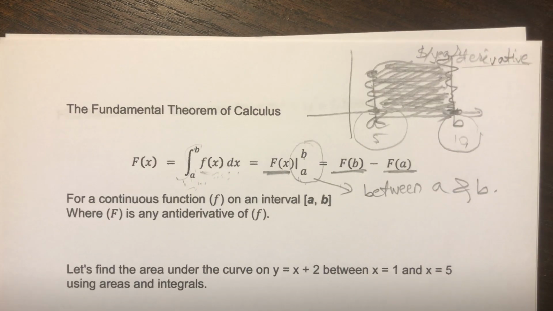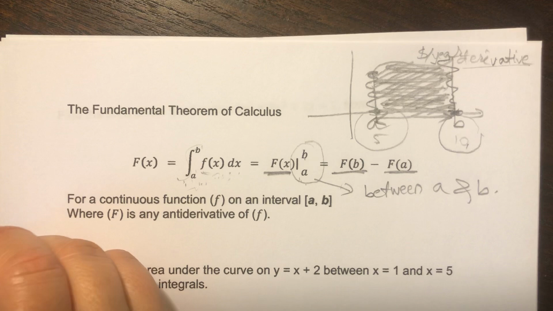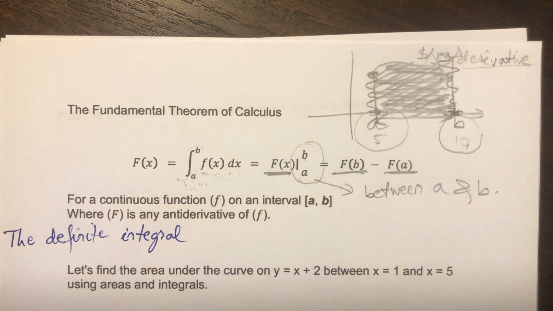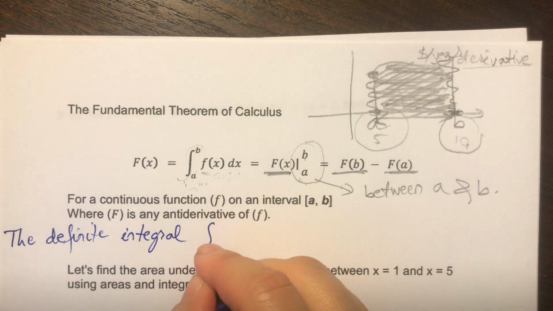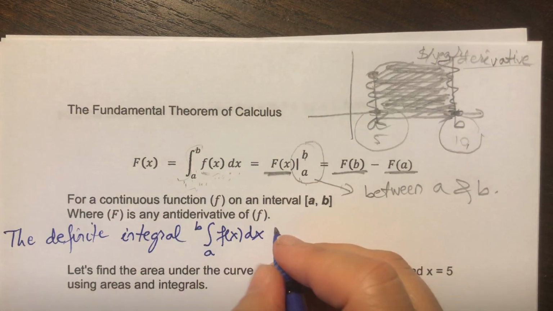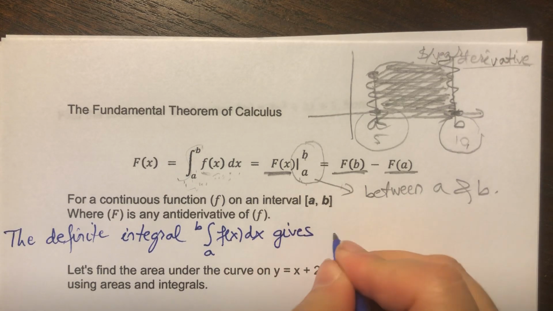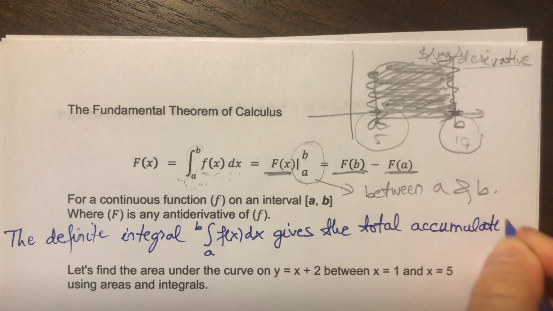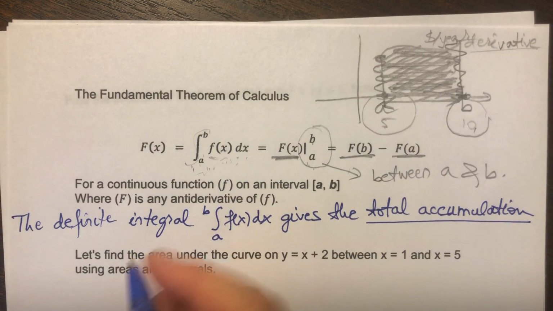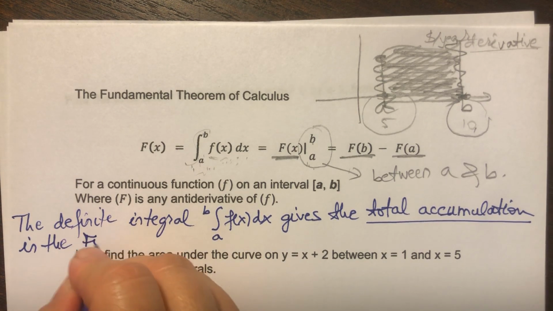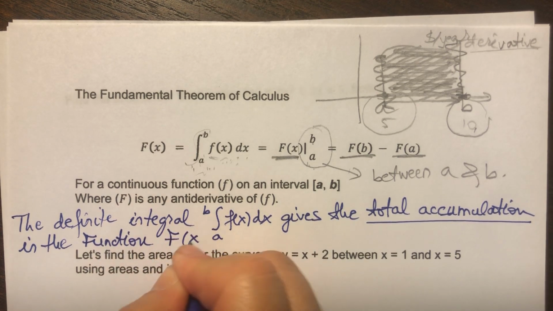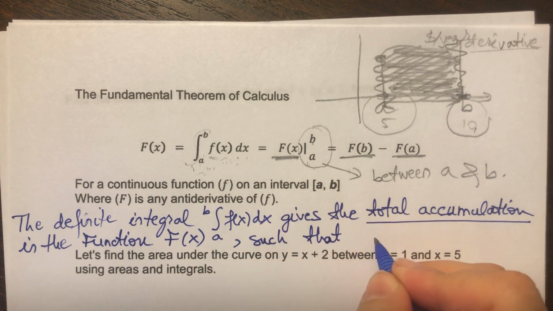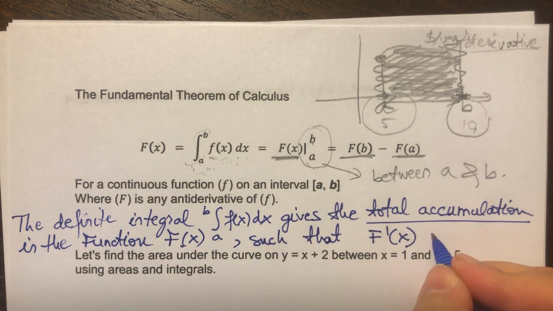Okay, so I'm going to write this down one more time: the definite integral from a to b of f of x dx gives us the total accumulation in the function F of x, which is the antiderivative, such that the derivative of the original function is this f of x.